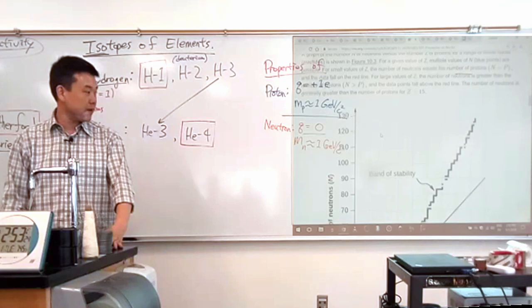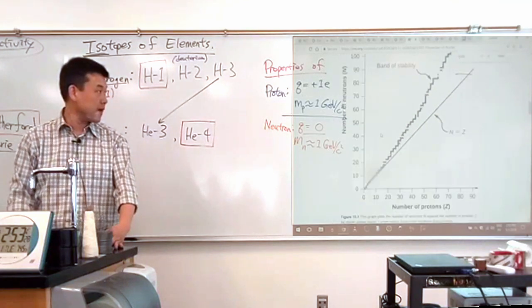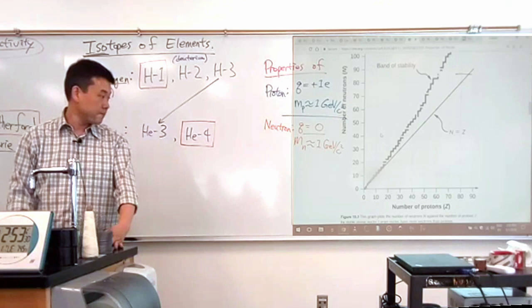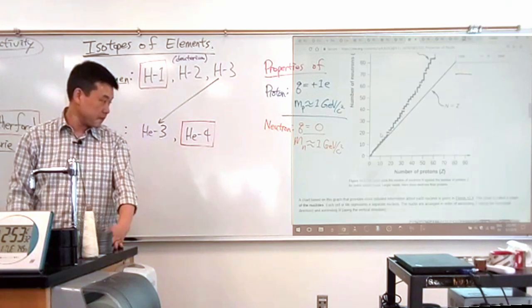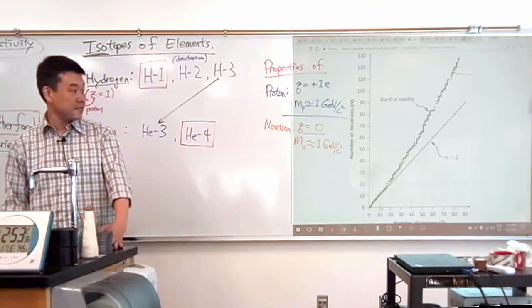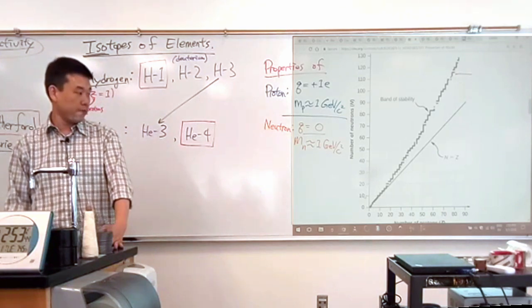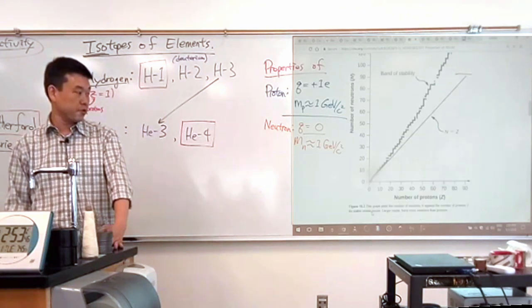So somebody just plotted all of them. This is a plot of stable atomic nuclei. So you can kind of see the pattern. Especially at the lower end, you see that the number of neutrons is often equal to the number of protons.